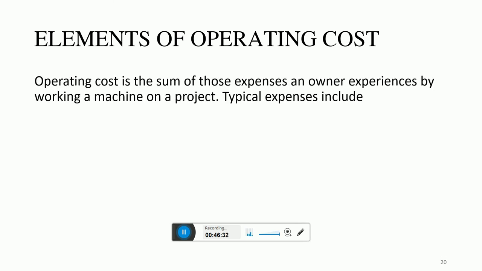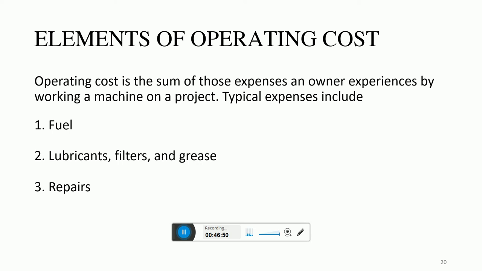The operating cost is the sum of those expenses an owner experiences by working a machine on a project. The typical expenses include fuel, lubricants, filters, and grease. Similarly, the minor repairs, tires, and replacement of high wear items.